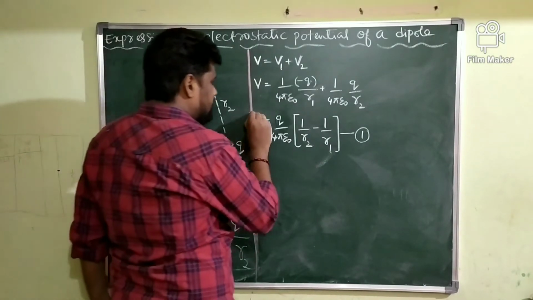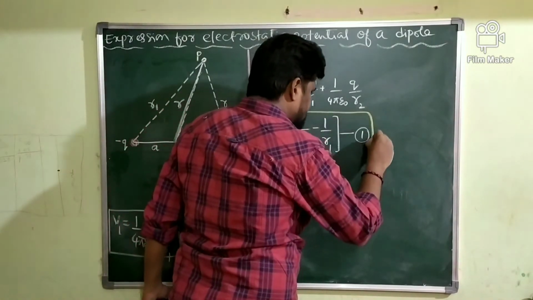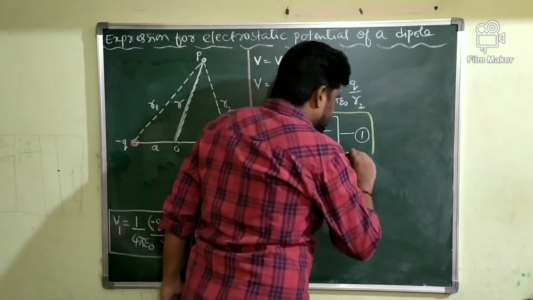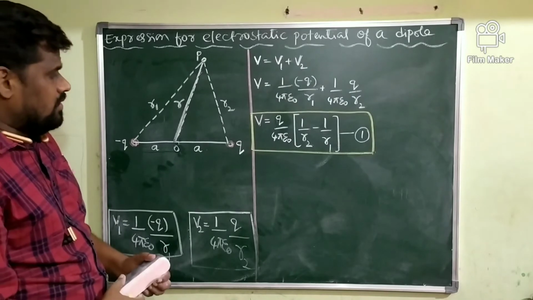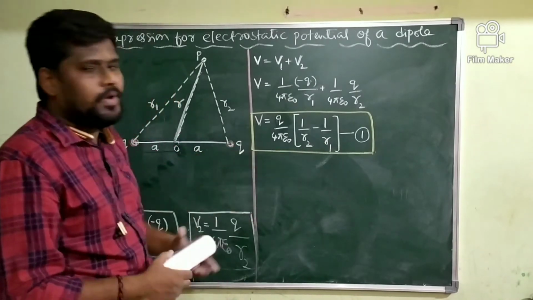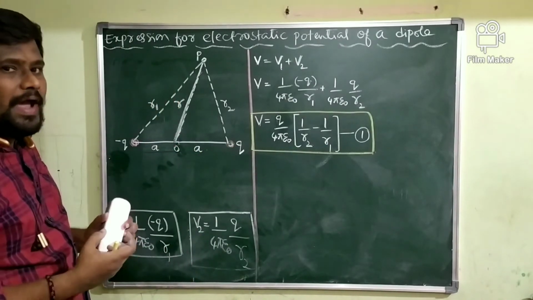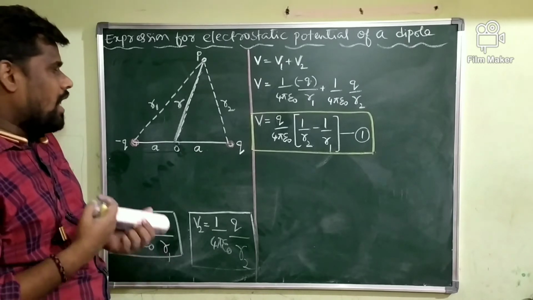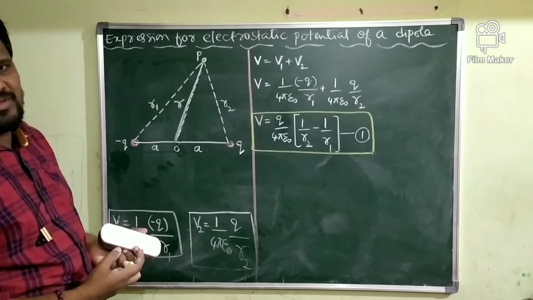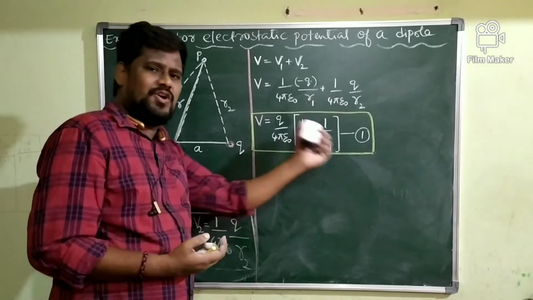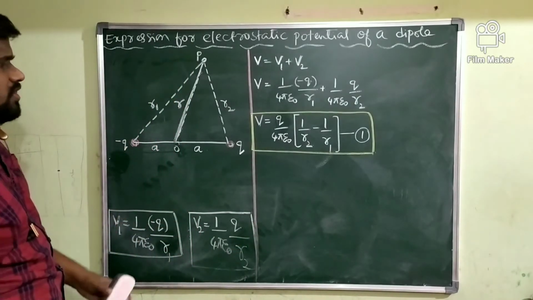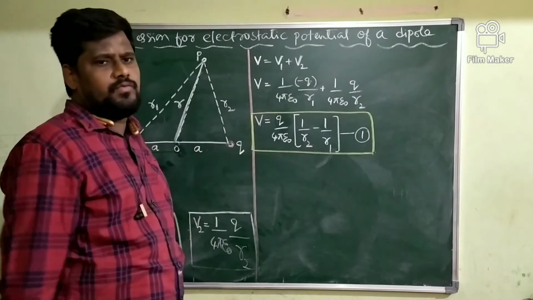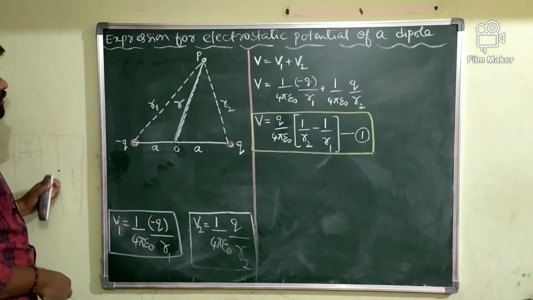In the next step, let us derive the expressions for R1 and R2. I want to know the values of R1 and R2 from the simple knowledge of what? Geometry. So let me go for some geometrical constructions to find the values of R1 and R2.